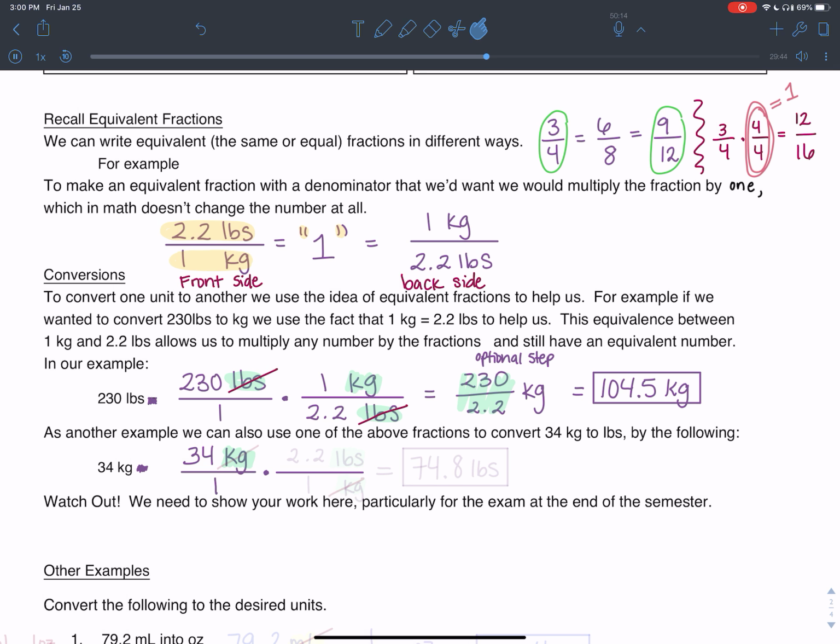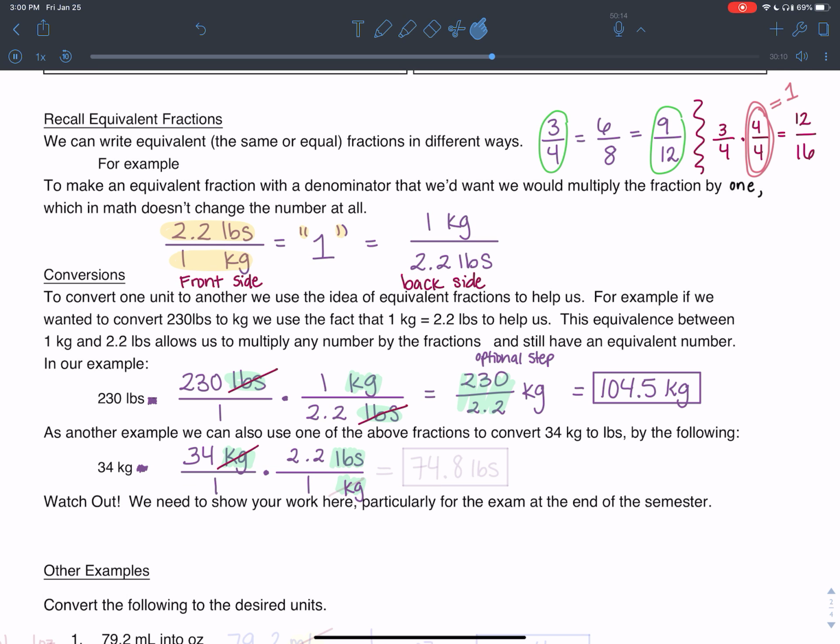So what I want to do is get rid of that. So I'm going to put kilograms in the bottom so they will cancel. Pounds in the top, so that's 2.2 in the top, 1 kilogram in the bottom. Now we can see that my kilograms cancel and I'll be left with pounds.